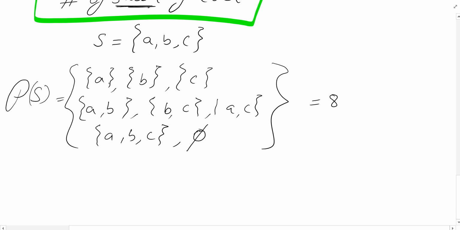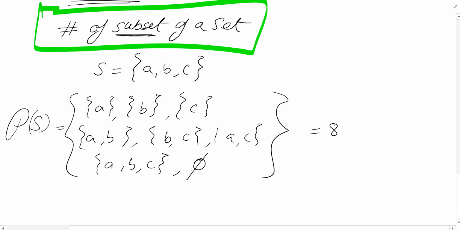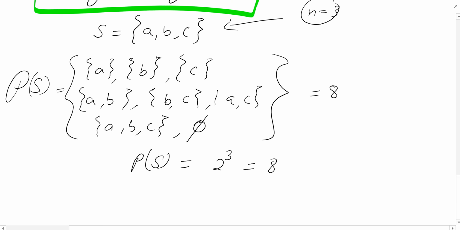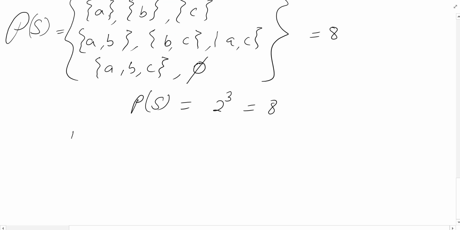Now we have a shortcut for doing that. The shortcut is you write the n, and there are 3 elements in this, and the number of elements in the power set is going to be 2 raised to 3, which is 8. So you always do that. For example, if the number of elements in S is let's say 5, then the number of possible subsets is going to be 2 raised to 5.